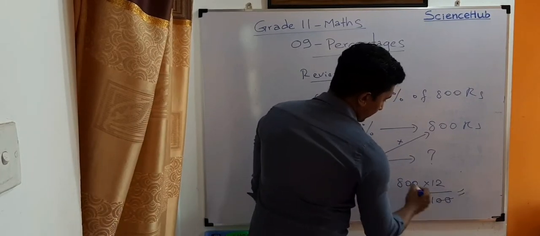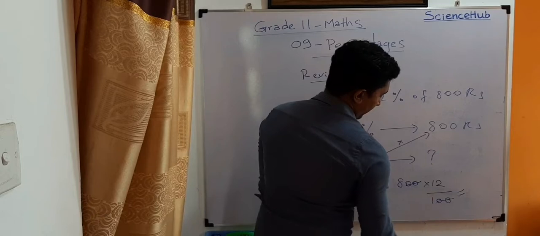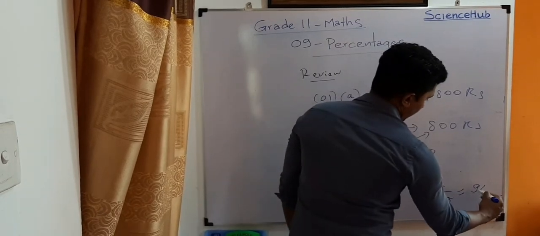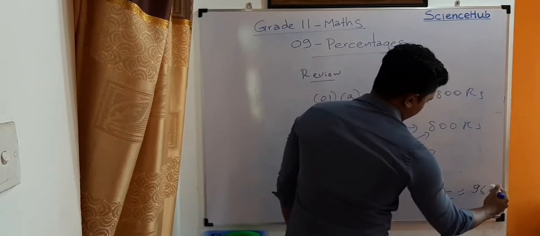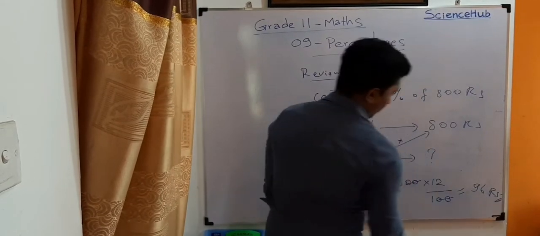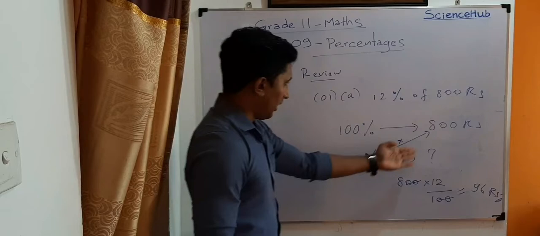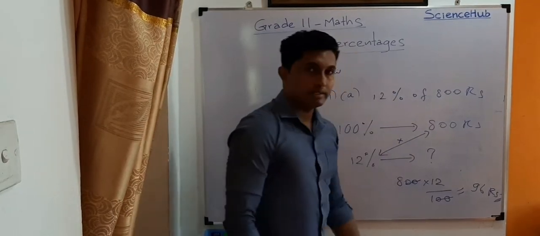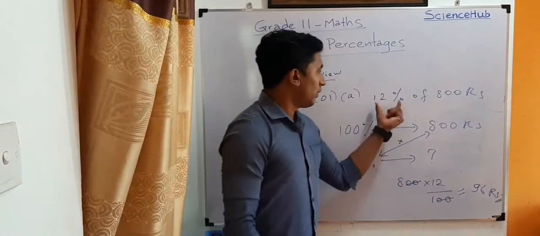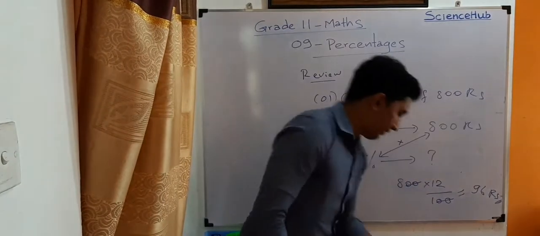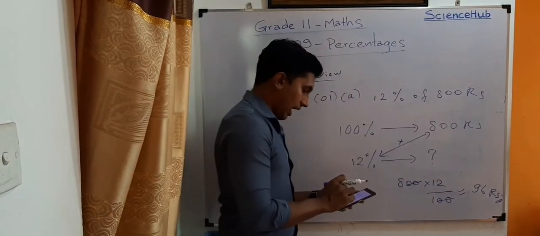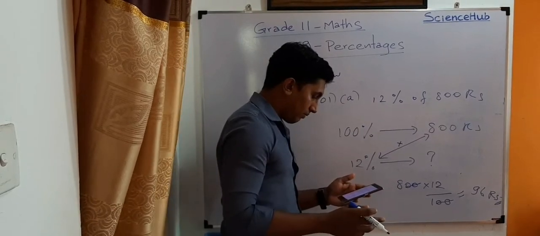You can cut off these two zeros, and 12 into 8 is 96. So 96 rupees is equal to 12% of 800. That is the first part, and then I will do another part for you.